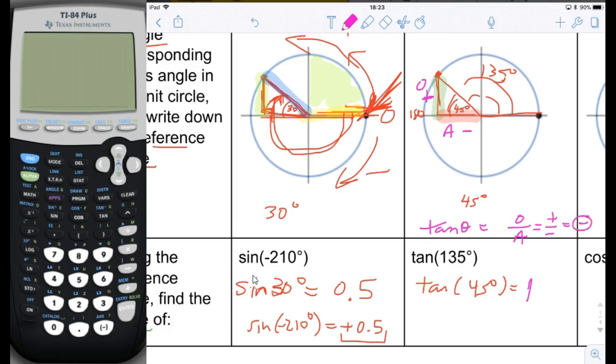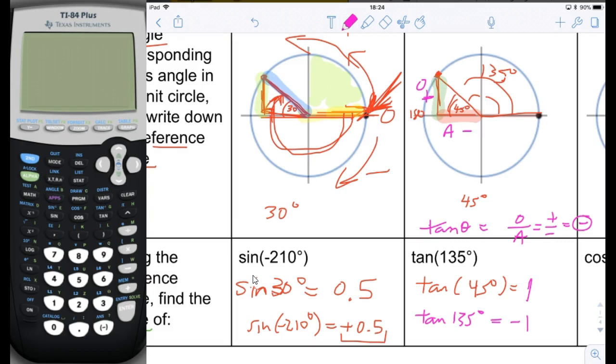So in this case, instead of tangent of 135 equals 1, we're going to put tangent of 135 equals negative 1, okay? Because if the opposite over adjacent is a negative number, that means that the tangent of 135 degrees is going to be the negative version of the reference angle value, okay?